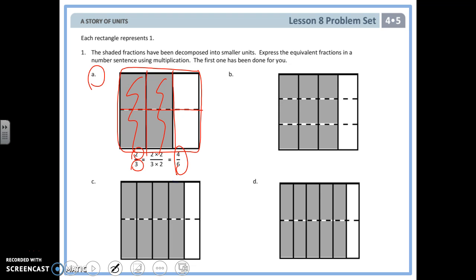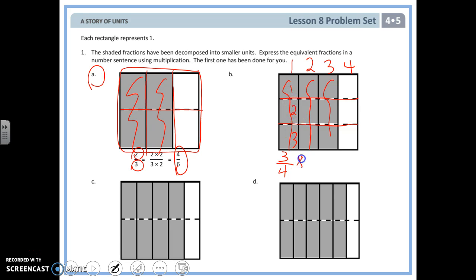So for this one, we're starting with, well, we have 1, 2, 3, 4 total parts. So my denominator is 4, and I have 1, 2, 3 shaded in. Now they divided it up into 3 smaller areas. So now I have smaller parts of 1, 2, 3.